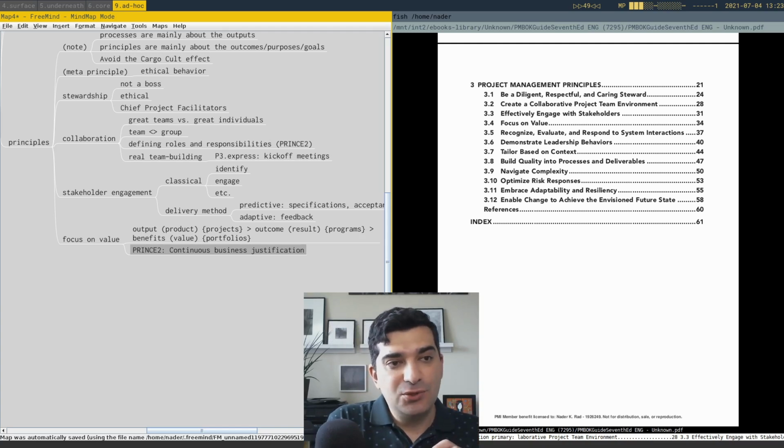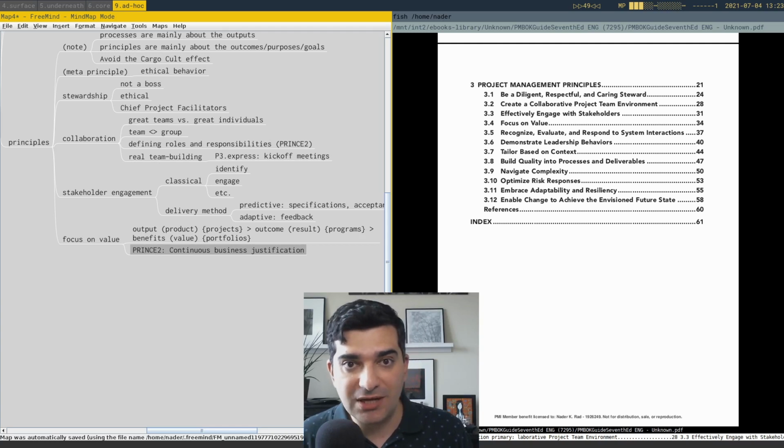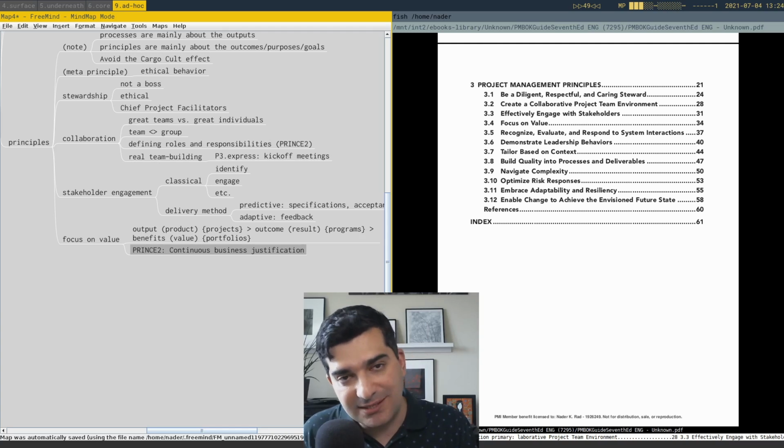So it doesn't mean that you shouldn't focus on the product. No, it's a different concept here. And you know that Prince 2 says that you need to focus on the product. That's because of the difference in perspective. When it says you need to focus on product, it's because it wants to tell you that instead of paying attention to the activities, to the work that you do, pay attention to the thing that you want to create.